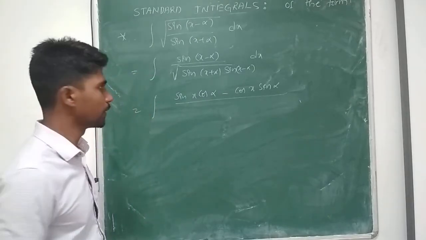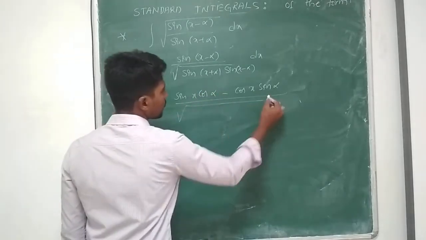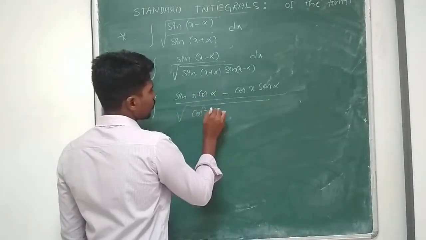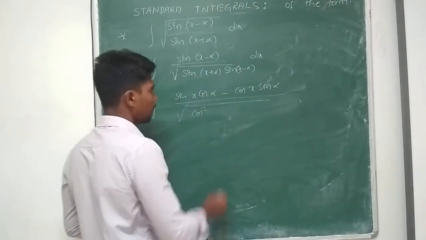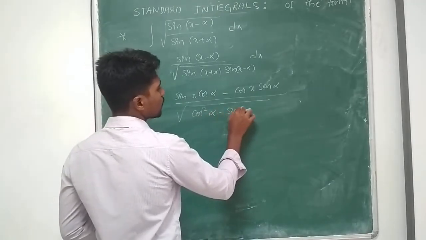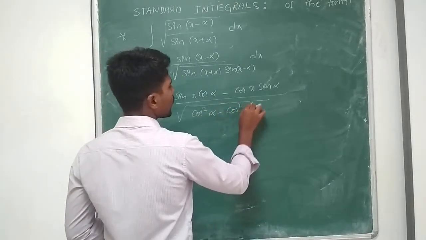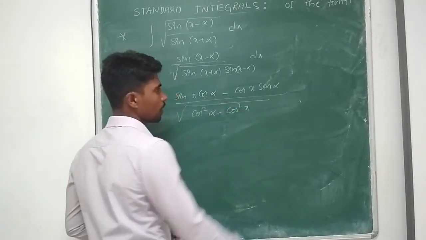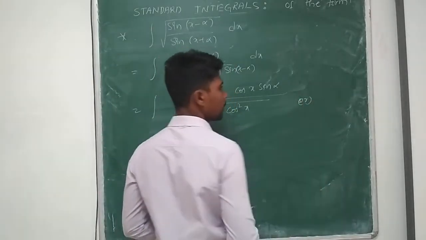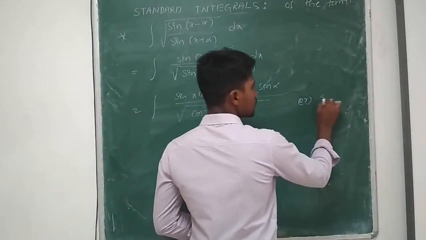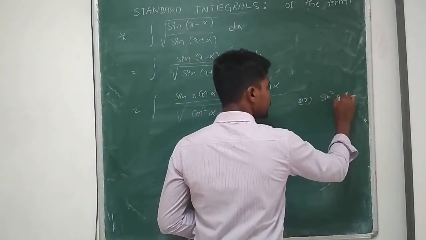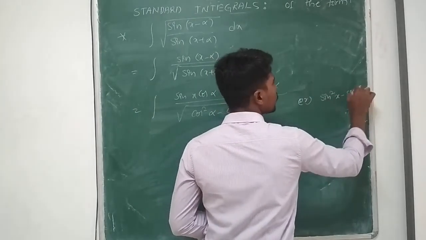How many ways? Two ways. What is that? Root of cos square y minus cos square x, or sin square x minus sin square y.